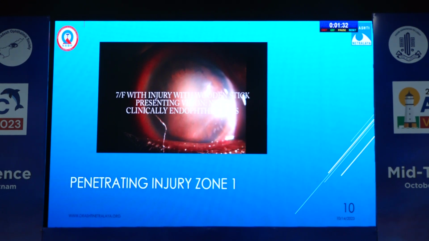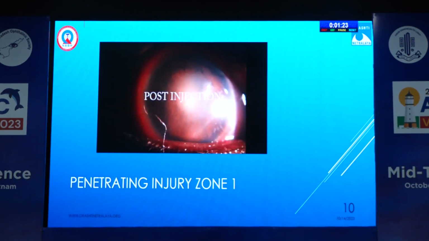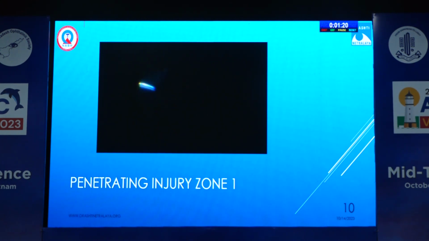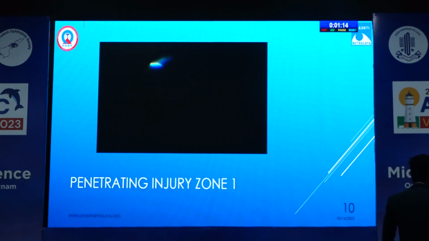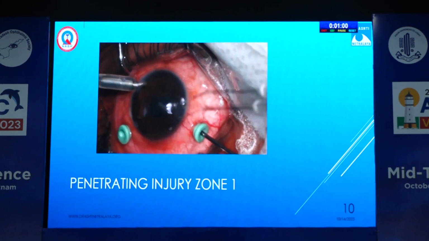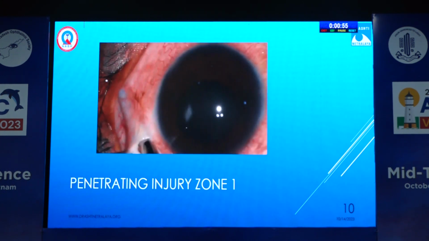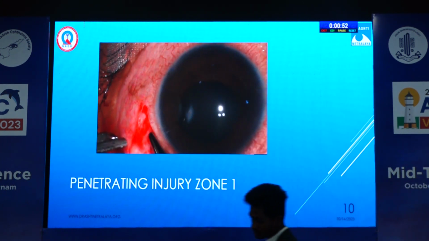So this is the case of a 7-year-old female. She presented with no perception of light, and after the injection, that was the picture. We finished the vitrectomy and did not find much exudate in the vitreous cavity. At the end of 1 month, we took the patient for a scleral fixated lens.